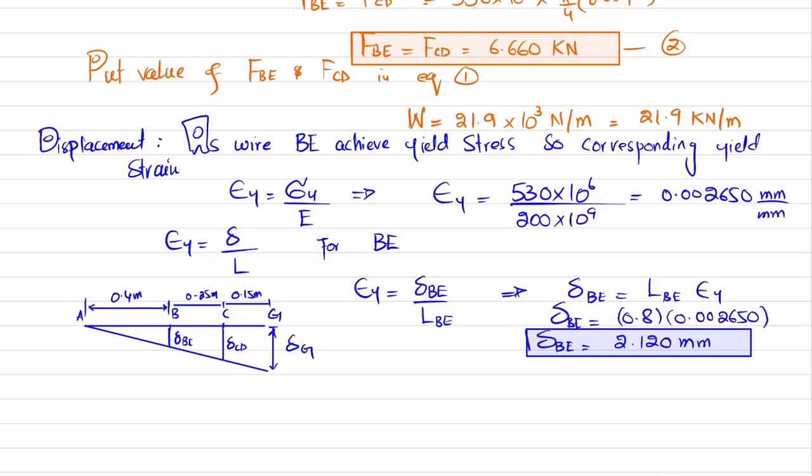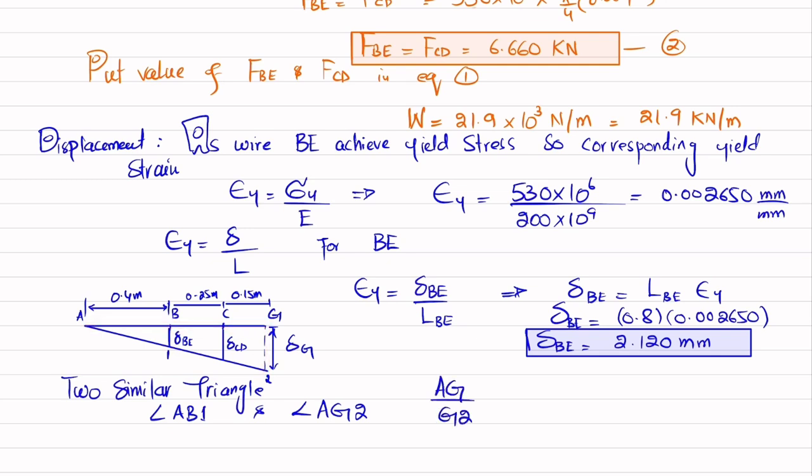Now you can see you have similar triangles. One is this one, clear? The second one is this one, clear? So we will take these similar triangles. Let's say this is your 1 and this is your 2. The first one is right angle triangle AB1, and the other is triangle AG2. By taking the ratio of their sides, AG divided by G2 will be equal to AB divided by B1.